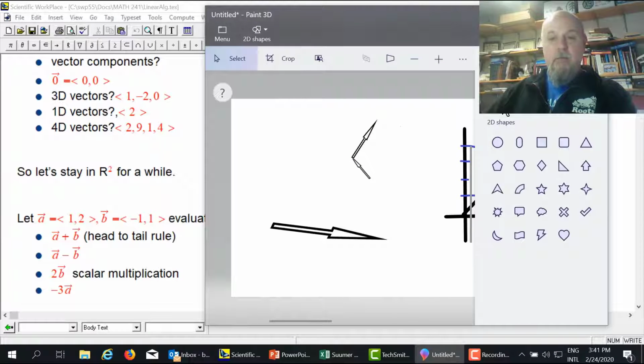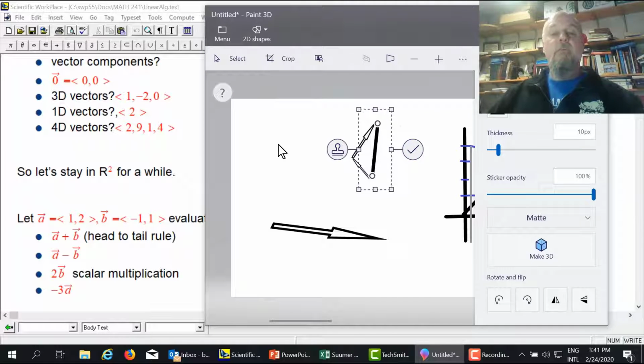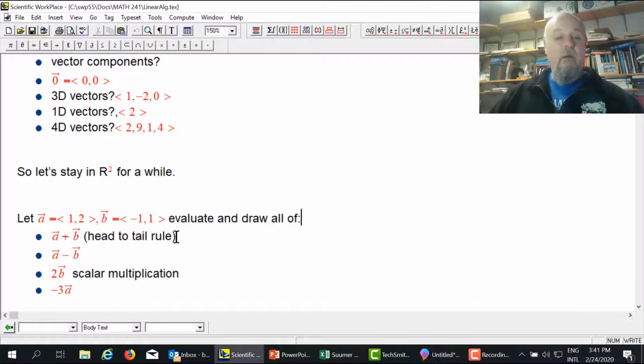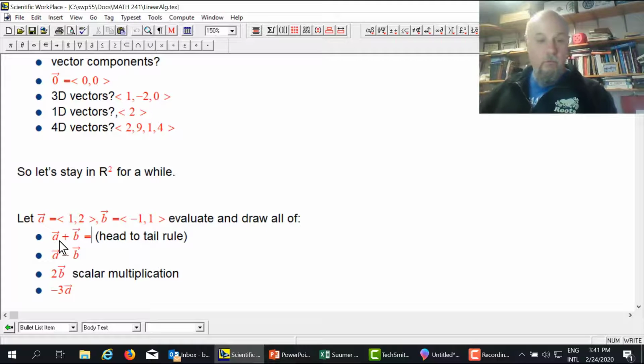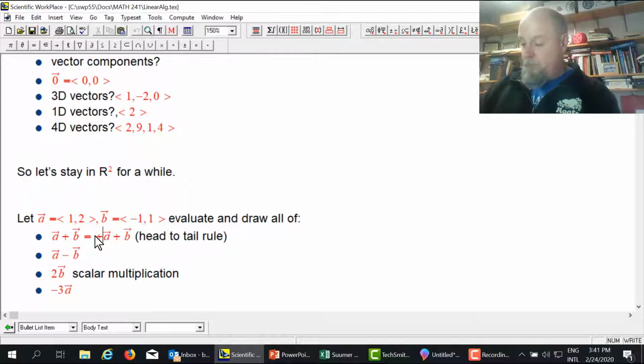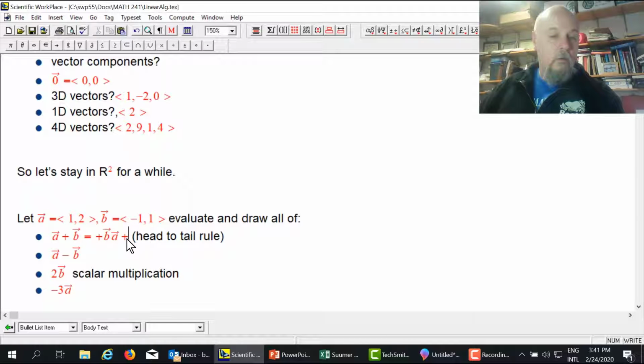And that would have given me the same vector. So B plus A is the same thing as A plus B. That's our head to tail rule. A plus B equals B plus A. It doesn't matter what order I add these vectors in. Vector addition commutes.